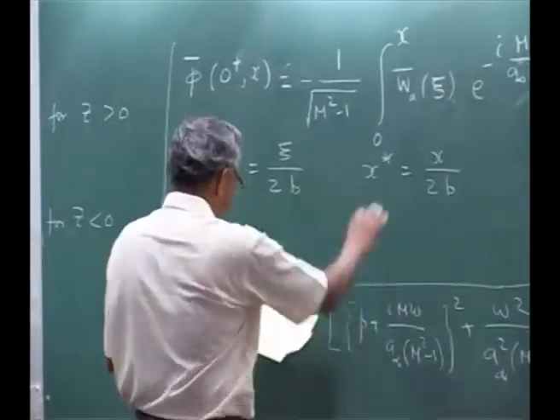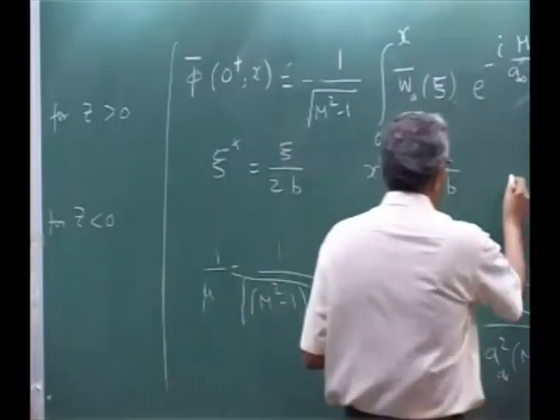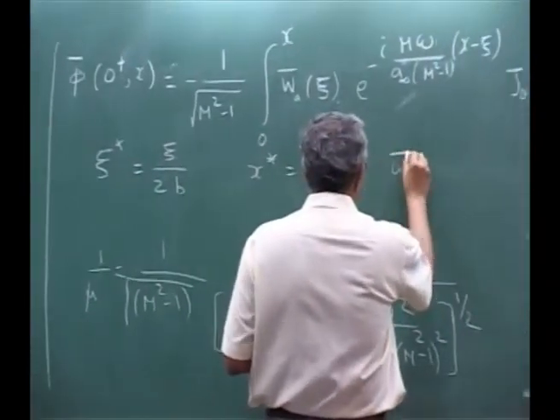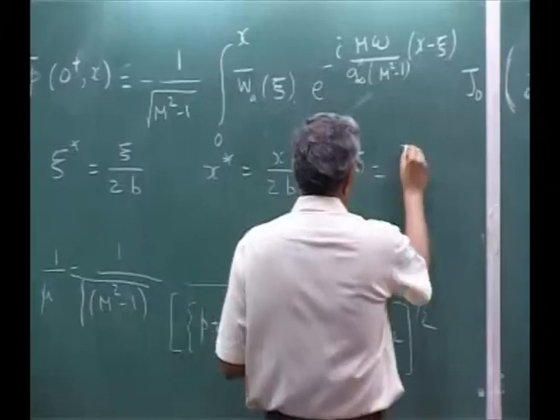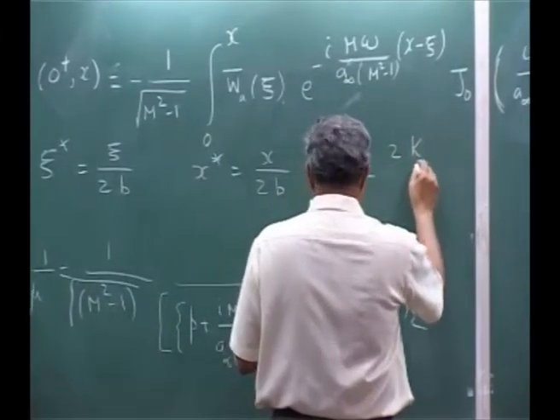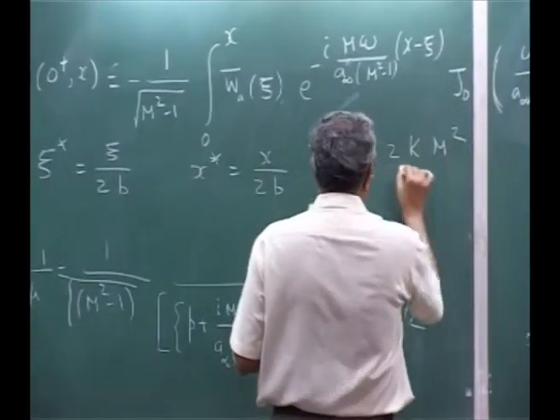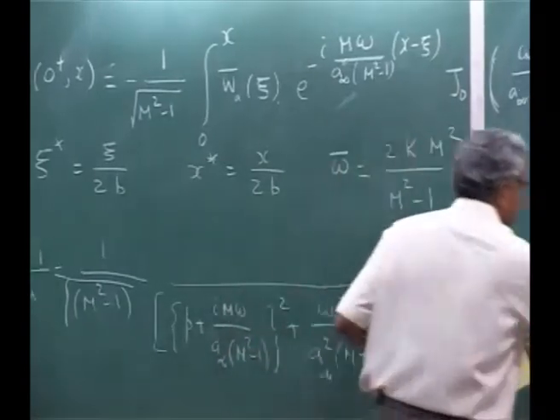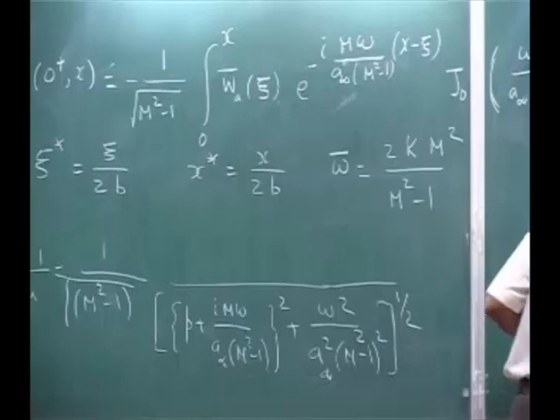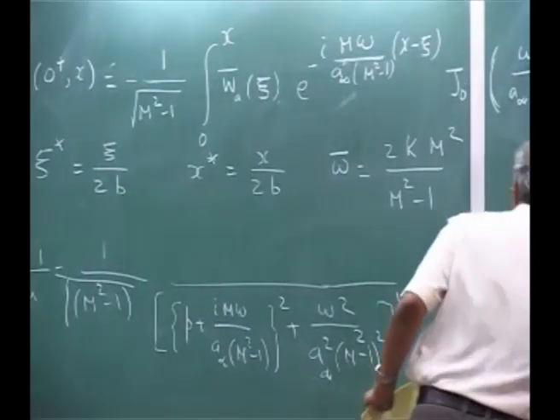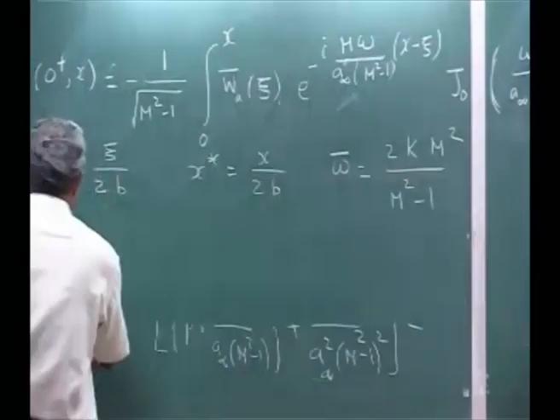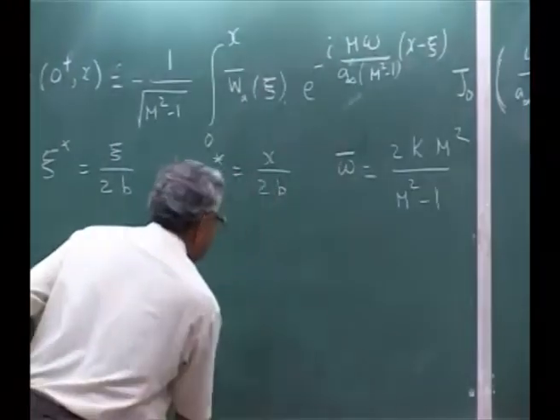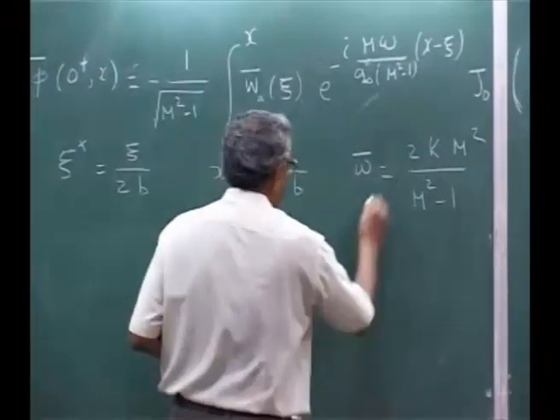Now let us write this, and then you define one more, which is omega bar as 2k m square over m square minus 1. Now what is this k?